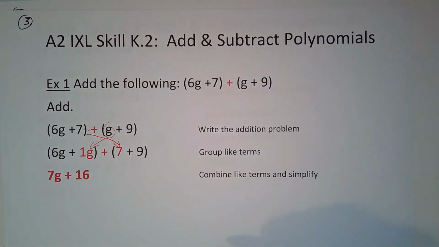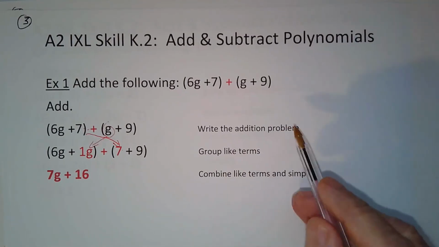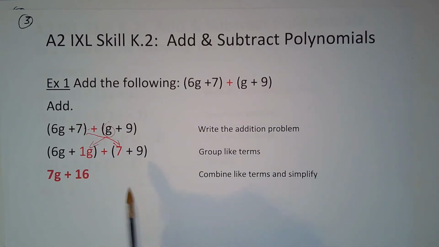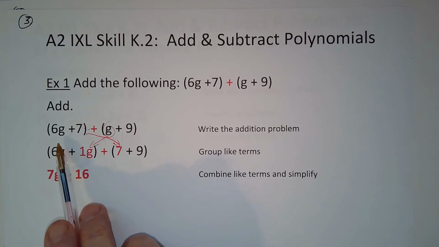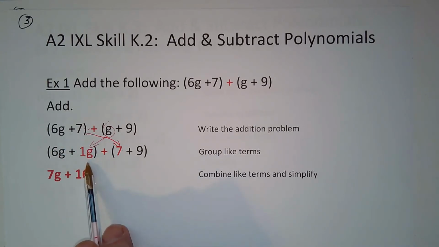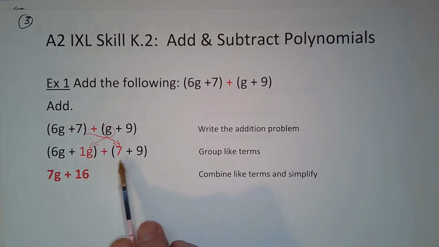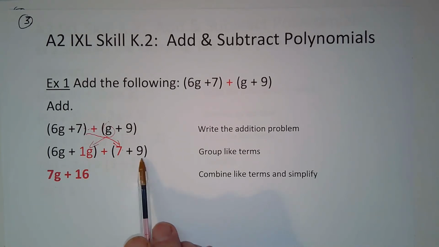So you can see what's happening here. We're just trying to get the likes together. So this changes to 6g plus, and notice I changed this to 1g because it's a lone g, it means it's 1g. And then I added that to, and then this is 7 plus 9.